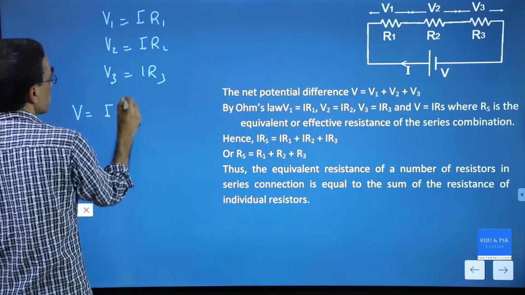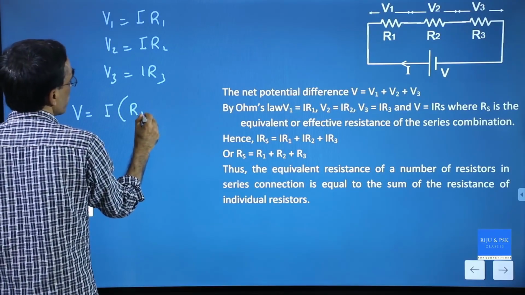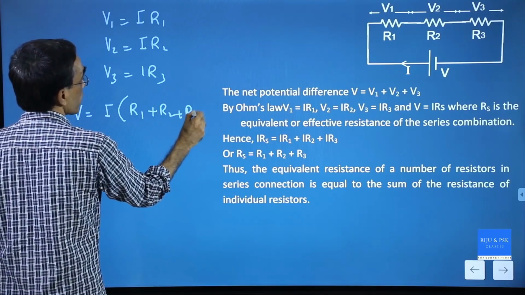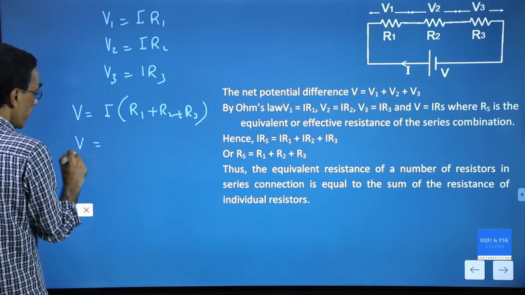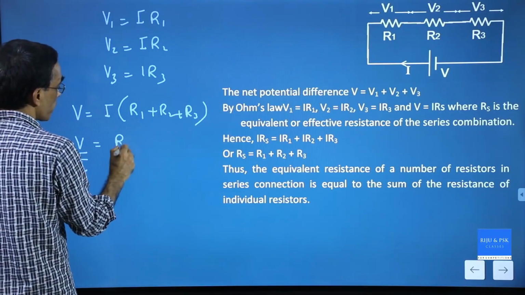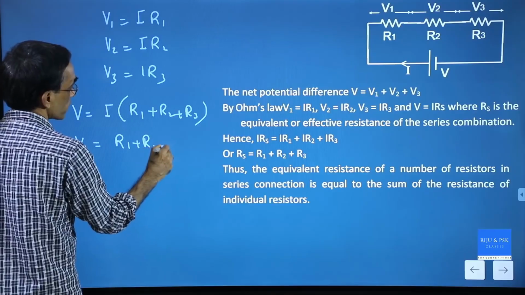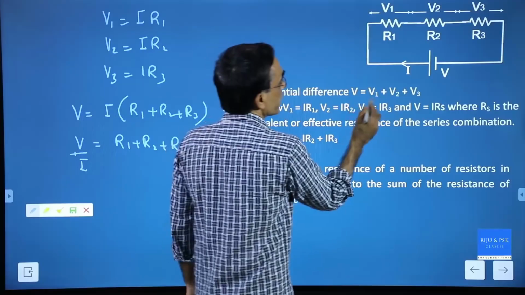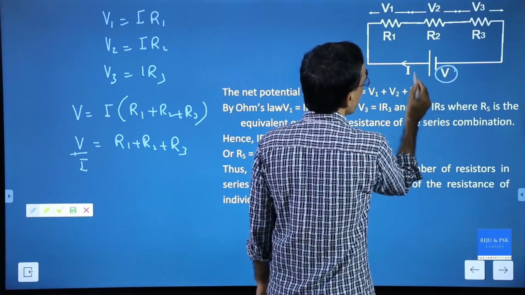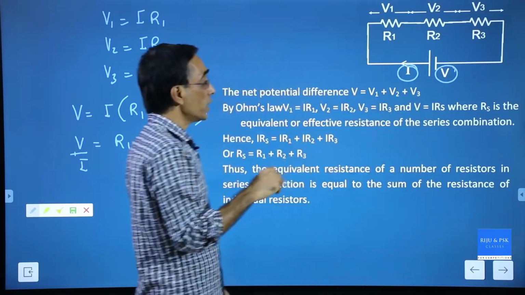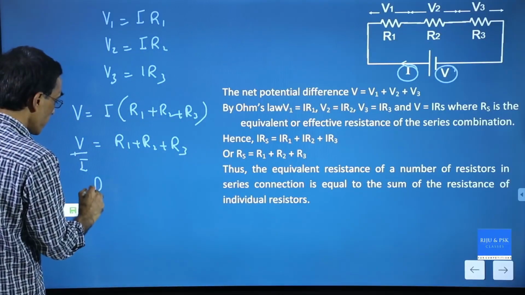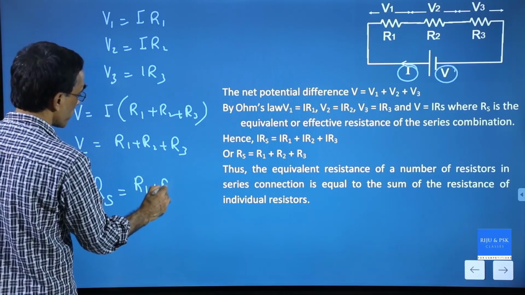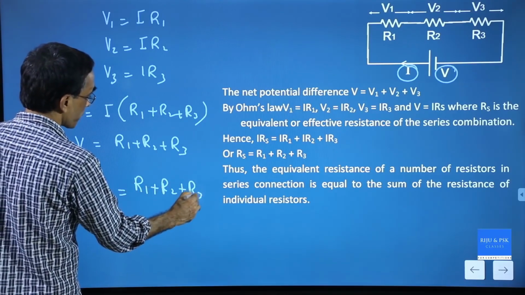That is nothing but the sum of all these things where I is common: V equals I into R1 plus R2 plus R3. So V by I is given by R1 plus R2 plus R3. And what is V by I? V by I is the ratio of voltage supplied and the current produced. V by I is the effective resistance. In series connection we call it RS, and that is given by R1 plus R2 plus R3.